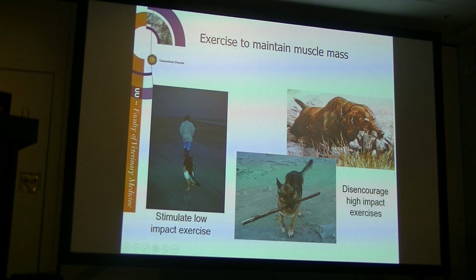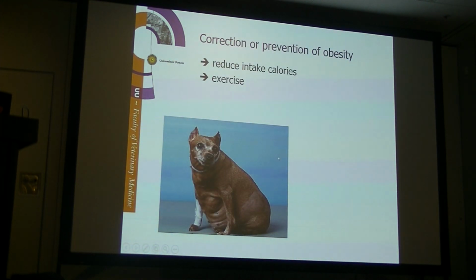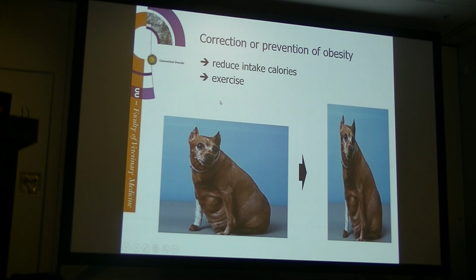This will put a high stress on the low back. And then if the dog is overweight, we advise them to reduce intake and to exercise. It's very simple, and we do that every time for the joints, for arthrosis. We should also do that for low back pain.